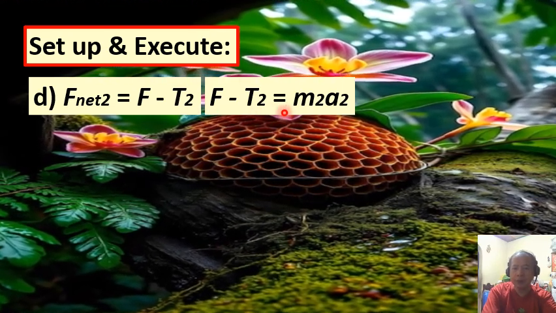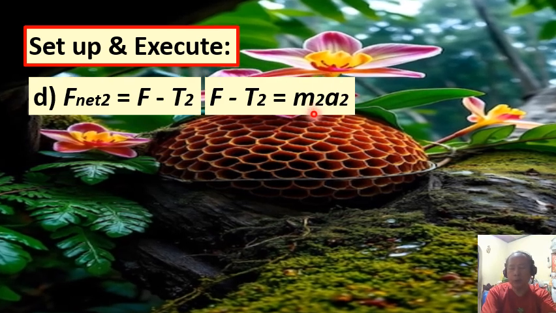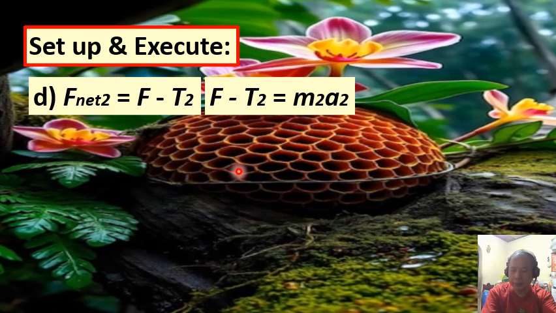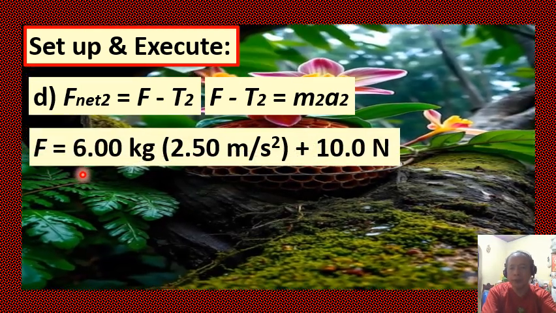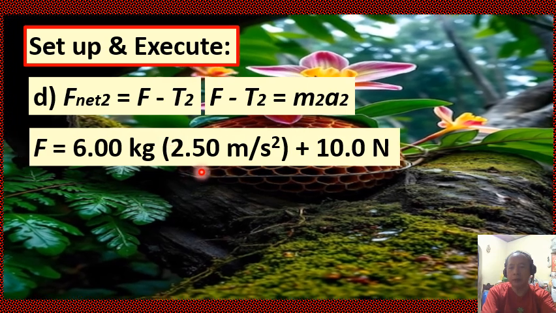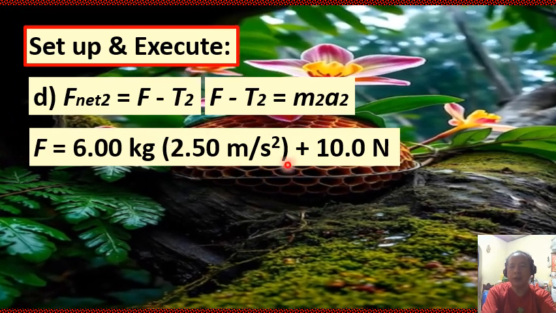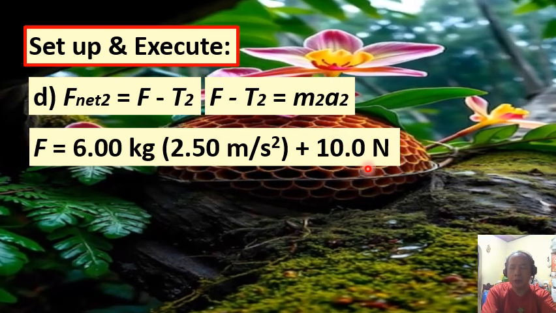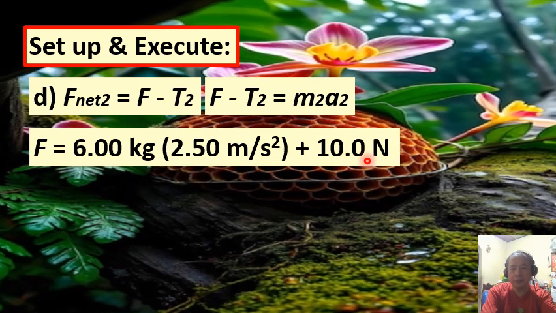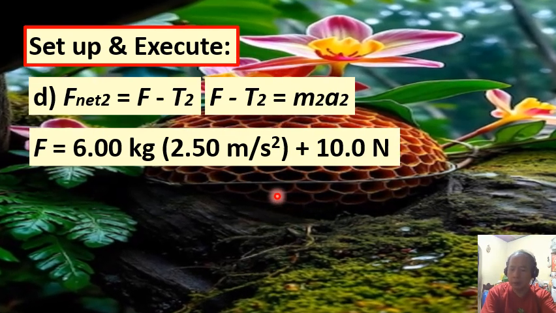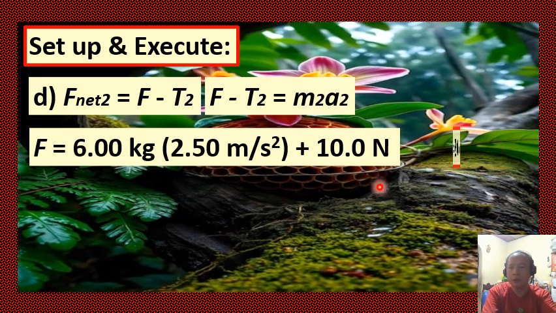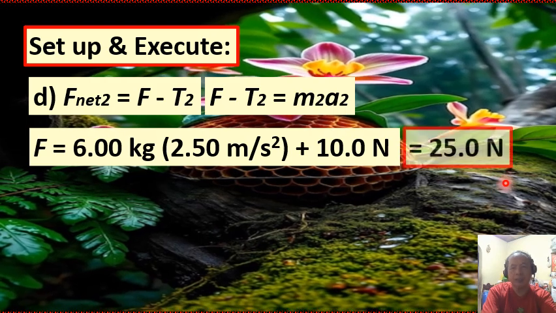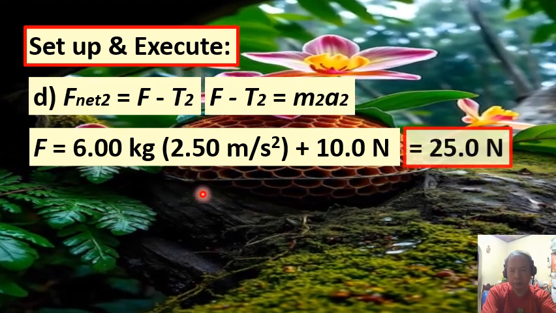So we just equate it to the product of the mass of crate 2 and its acceleration a2. That is, F equals 6.00 kilogram multiplied by its acceleration 2.50 meter per second squared, and then plus 10.0 newtons, which is the amount of the tension force. So, doing our math, we get the magnitude of the force F equal to 25.0 newtons, also expressed in three significant figures.